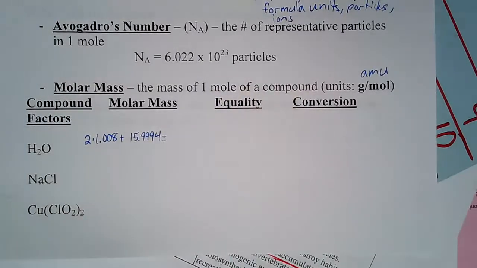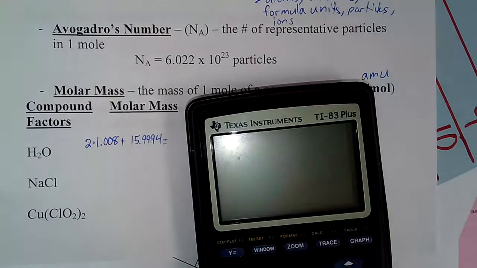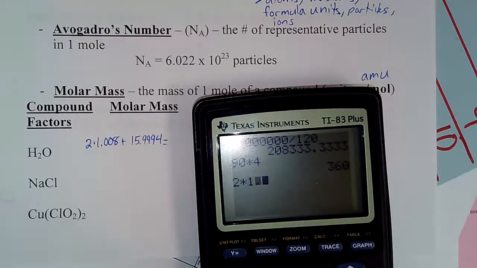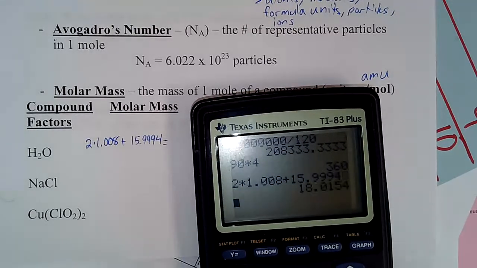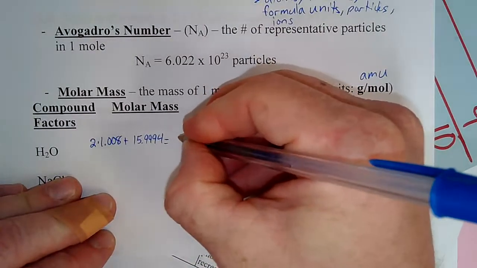let me get an actual calculator. I'll be specific. All right, so 2 times 1.008 plus 15.9994, you get 18.015, so 18.02.